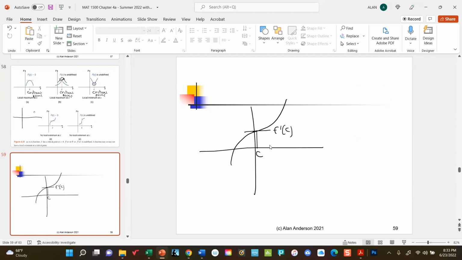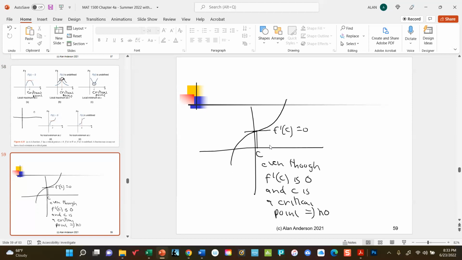And yet the tricky part here is that in spite of this, even though f prime of c is 0 and c is therefore a critical value or critical point, there's no local extremum.